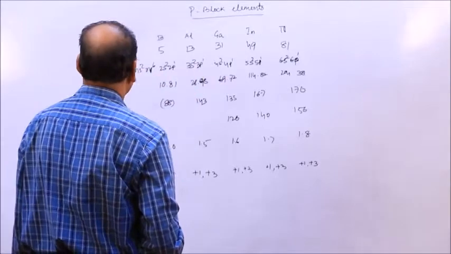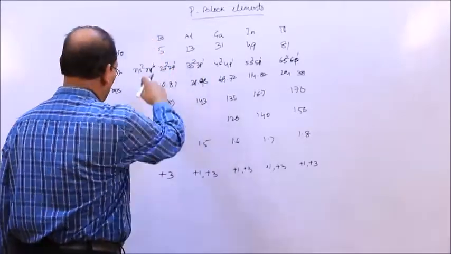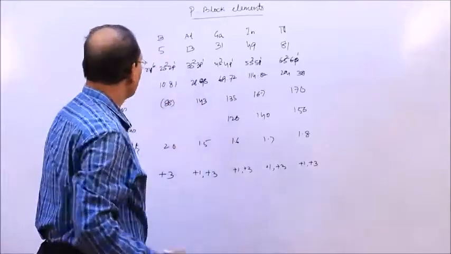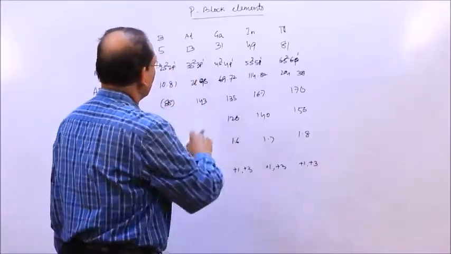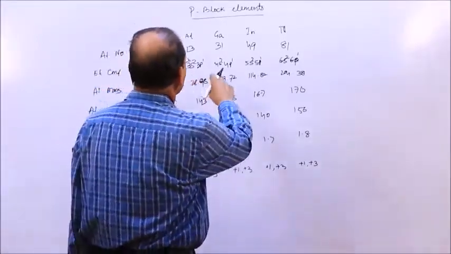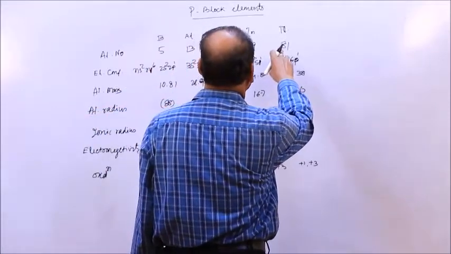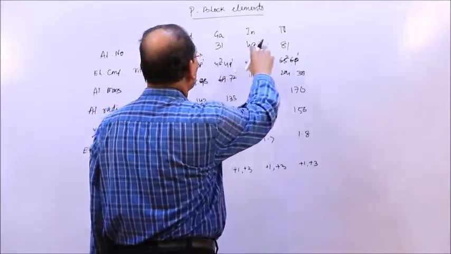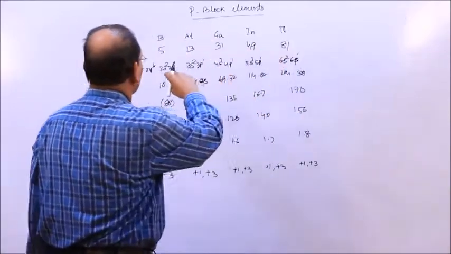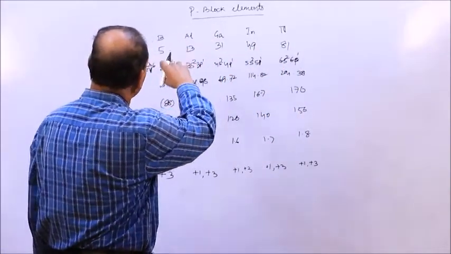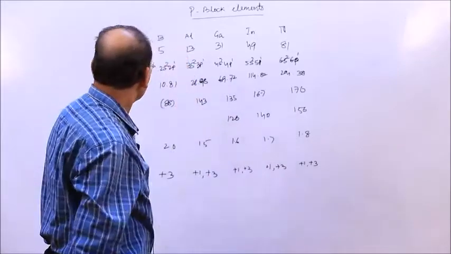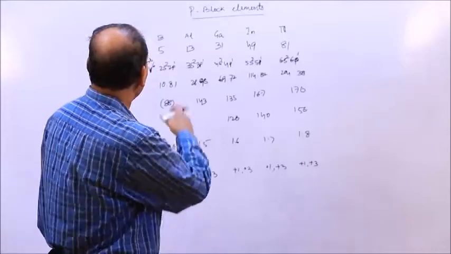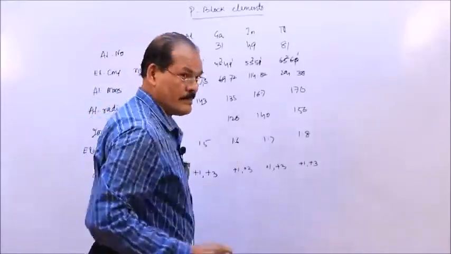elements. As we will learn, boron is a non-metal, whereas aluminum is a metal, and the metallic character increases from boron to thallium, because down the group the metallic character increases and non-metallic character decreases.